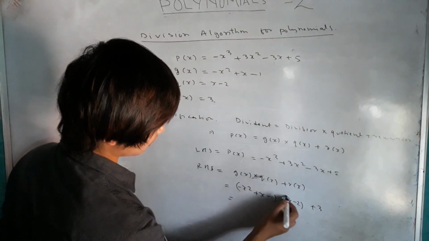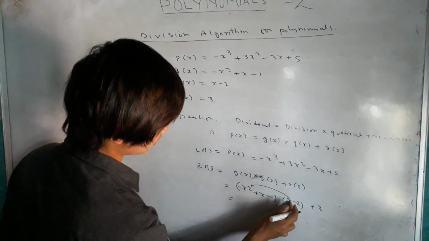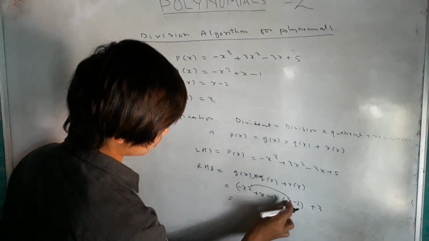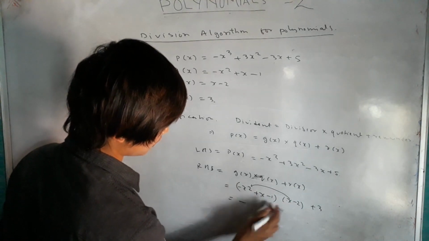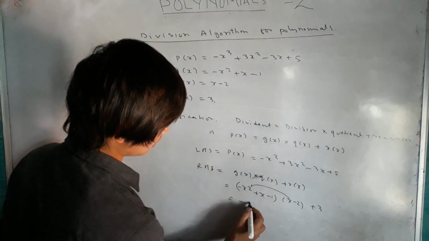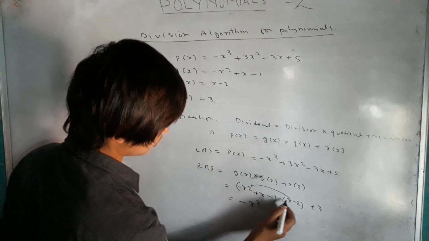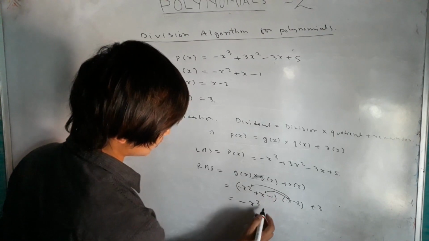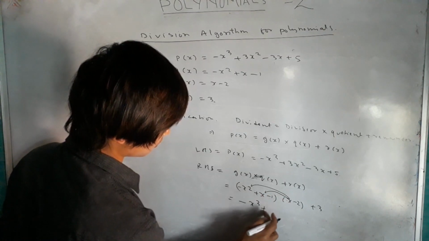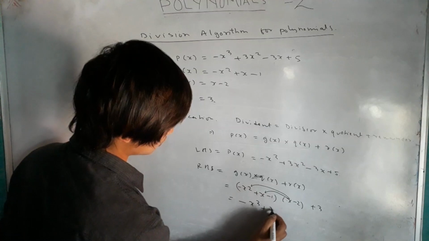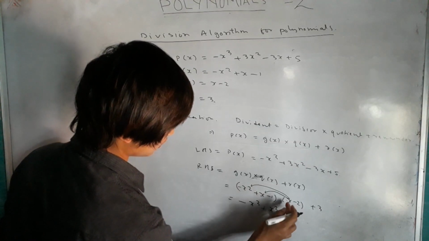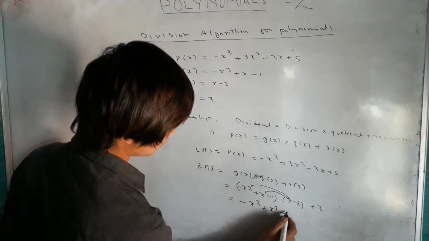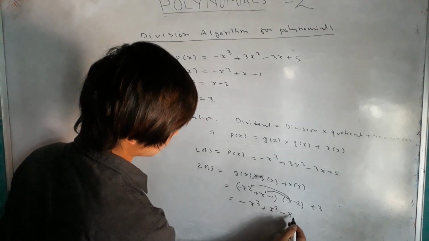So I need to multiply first this term, x into minus x square: plus into minus, minus, x into x square, x cube. Done with this, then I'll try with this, x into x, plus into plus, plus, x square, and plus into minus, minus x, 1 x.